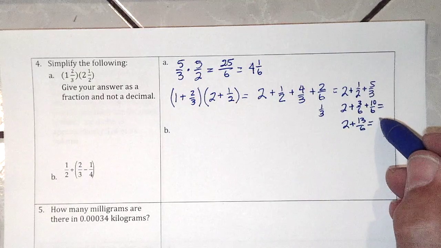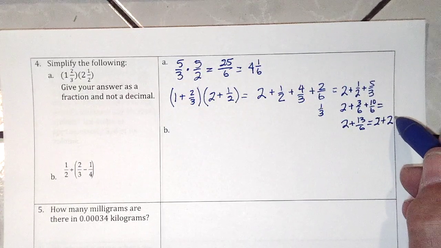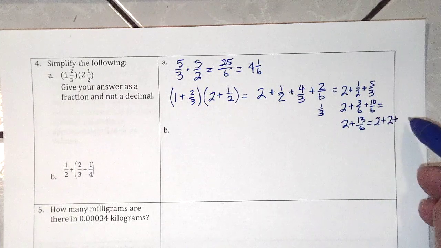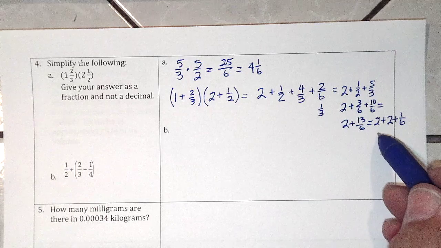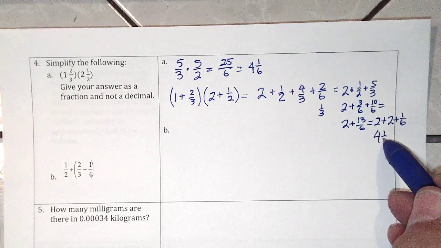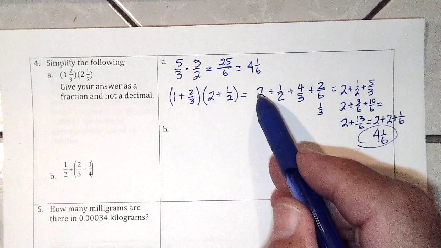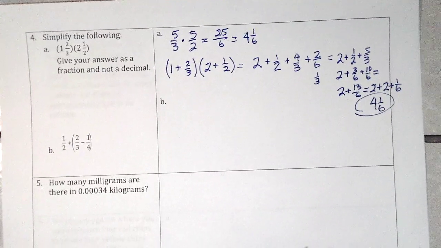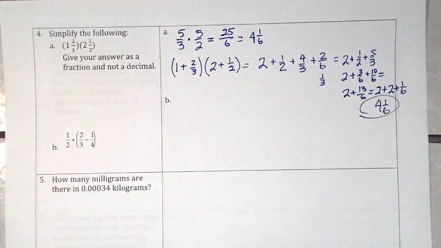So we'd get 2 plus 2 plus 1 left over, 6. So that's 4 and 1/6. That's a lot more work, but you could do it that way. Sometimes the problems are easier to do that way, and sometimes they're easier to do this way.